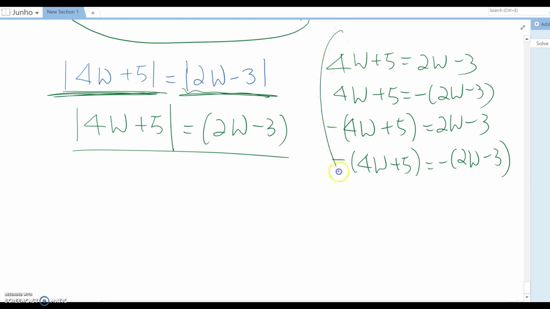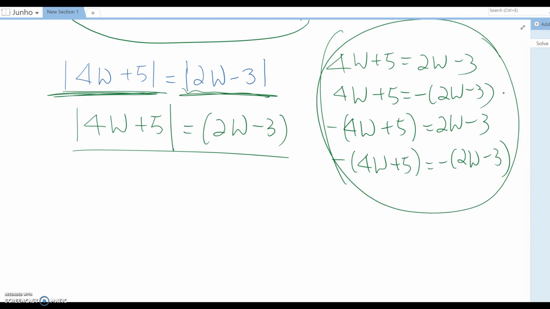I can explain in more detail maybe in another video or in the classroom. But anyway, because of this reason, you just think of one side as an absolute value box, the other side just as a normal polynomial.